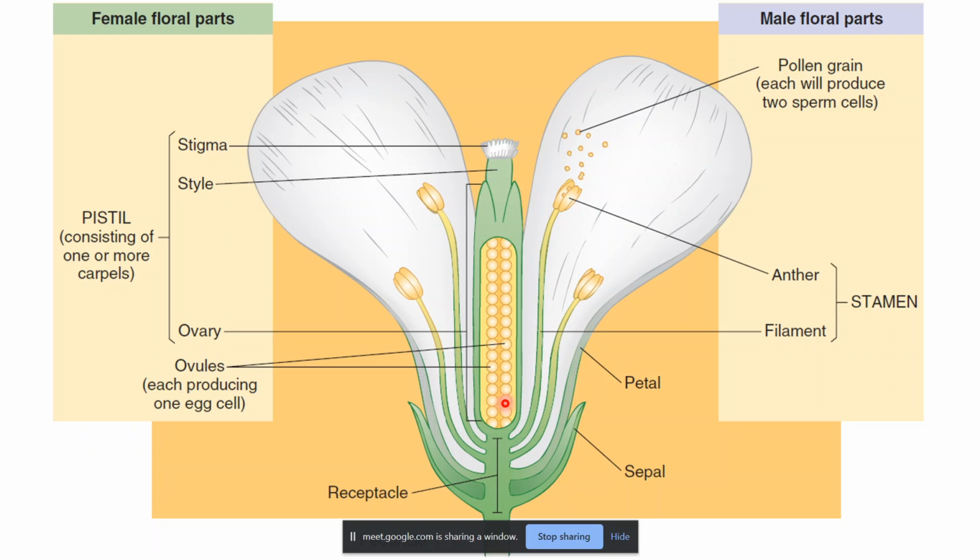And there is also asexual reproduction. Asexual reproduction occurs without flowers, seeds, and fruits.